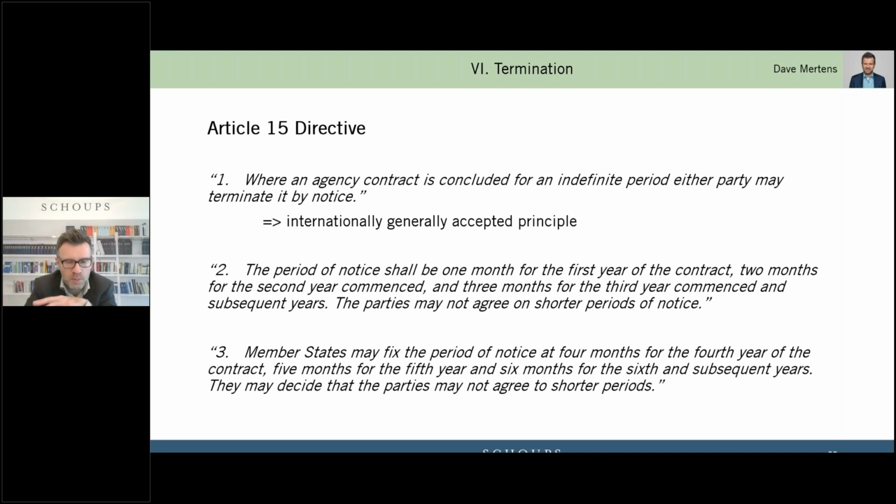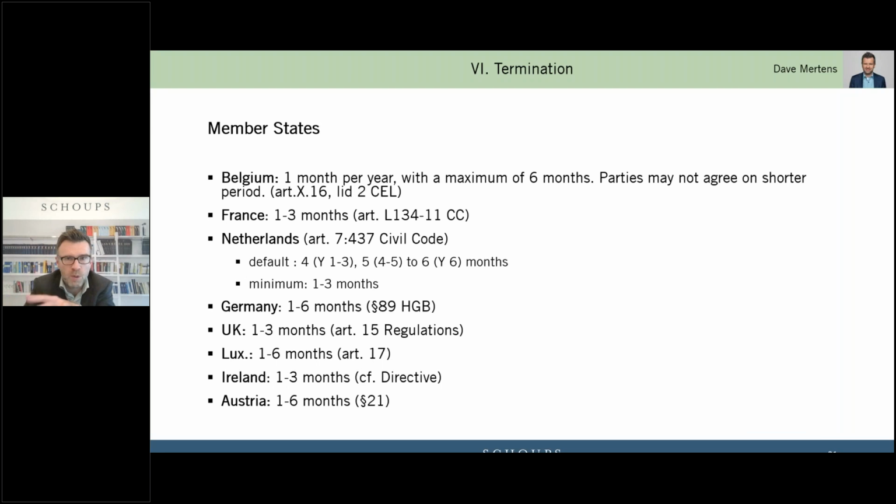Belgium has done that. It's completely possible in Belgium to say, okay, it's 1 to 6 months per year that's commenced, but parties can agree on 6 months from the very beginning, or 1 month per year for the first 10 years. It's all possible.